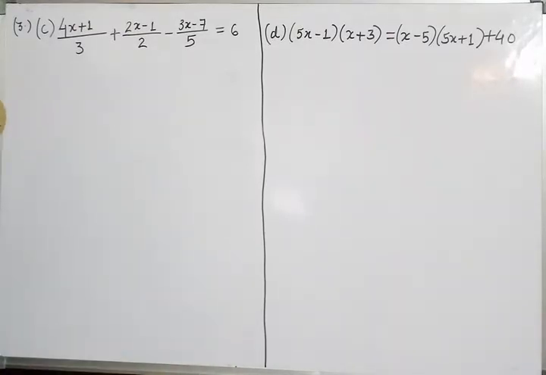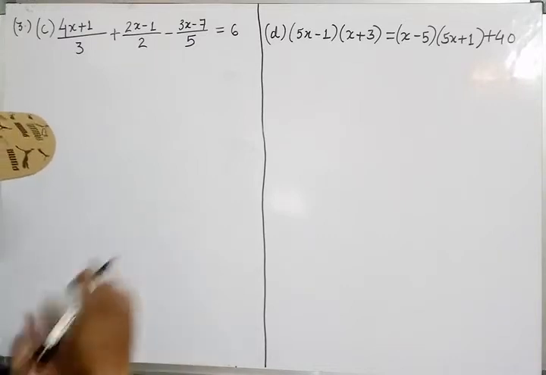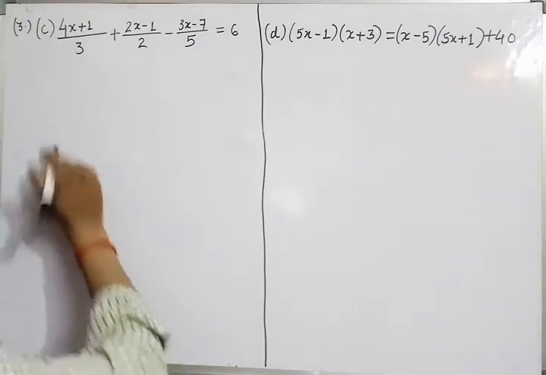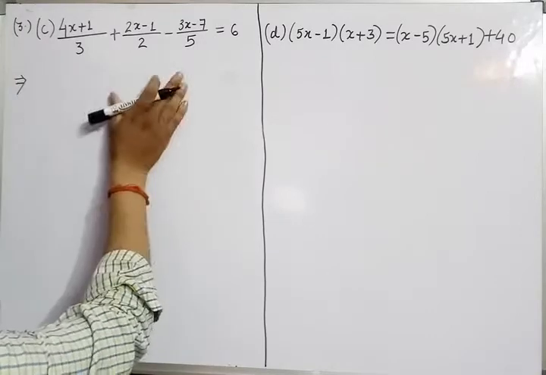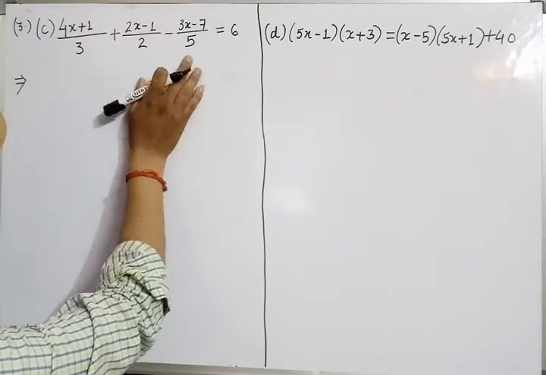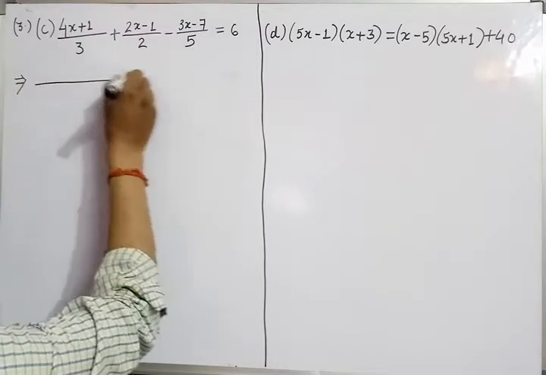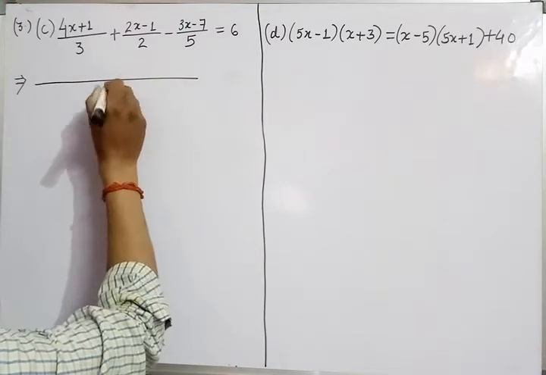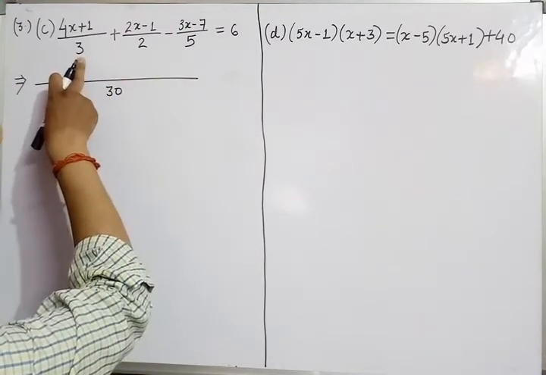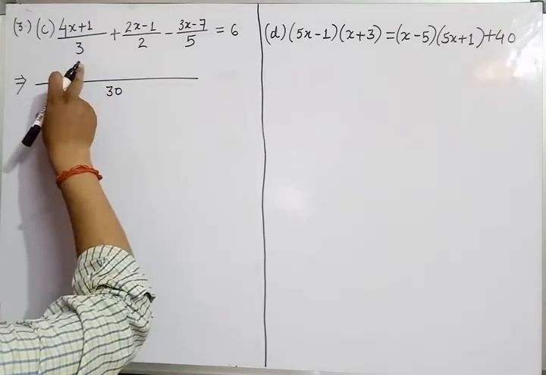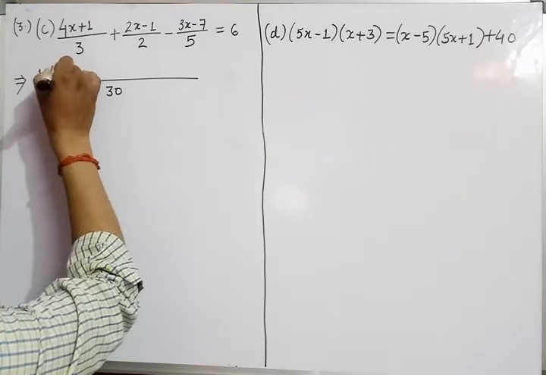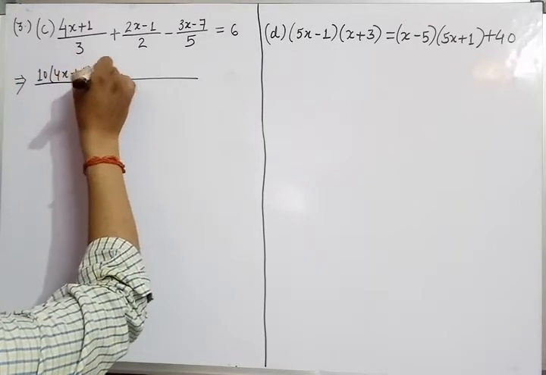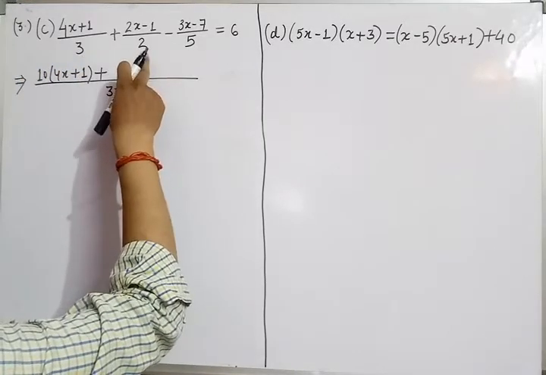So first, again we have to solve this question. So first of all we have to take LCM. So the LCM of 3 and 5 is 30. Okay, now we have to multiply by 10 because 10 3s are 30. So here we can write 10 into 4x plus 1, plus here 15 2s are 30.